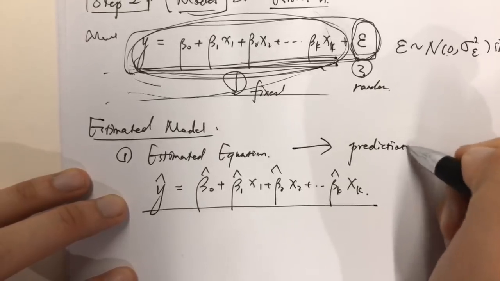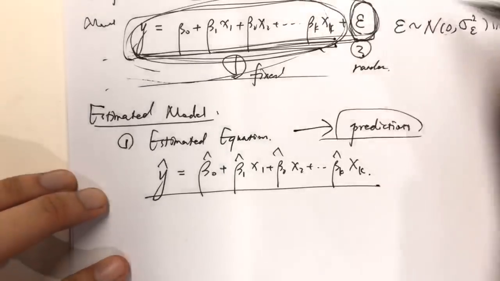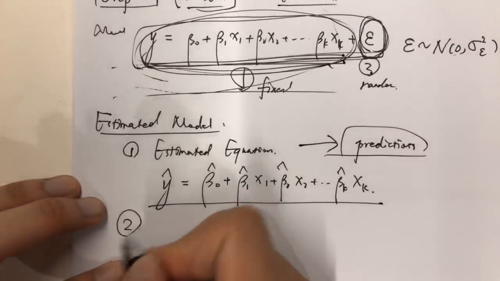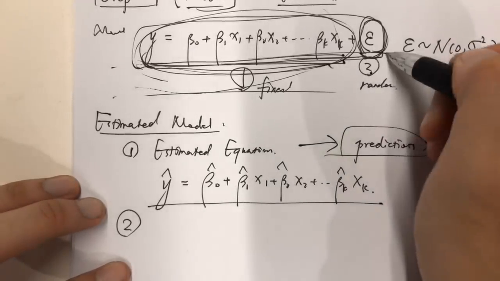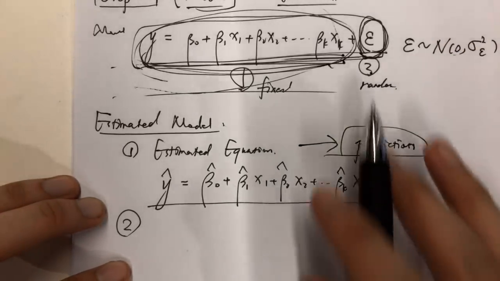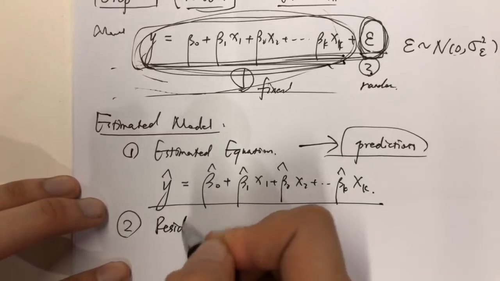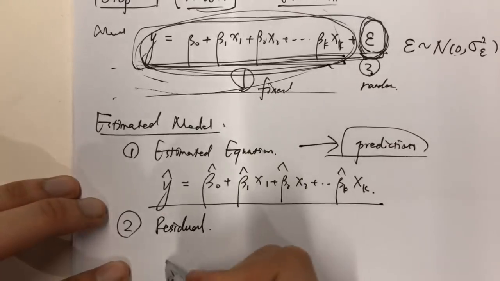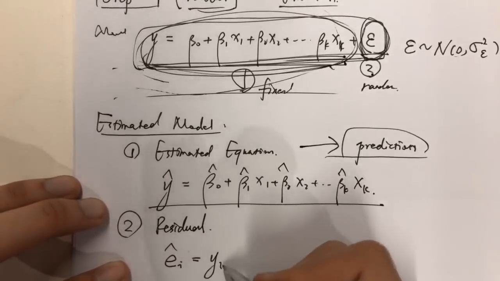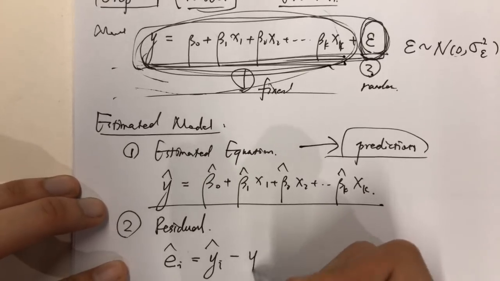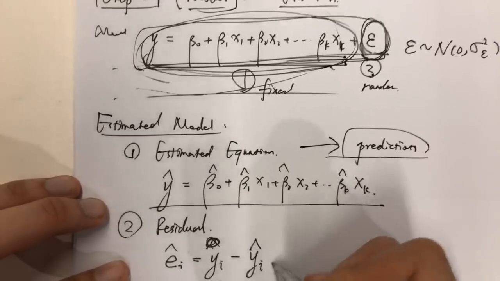Again, in terms of the error term, as we mentioned in our tutorial, the error term also has its estimation, which is what? Residual, right? So we know that the residual ei hat is calculated from observed yi minus yi hat, right?